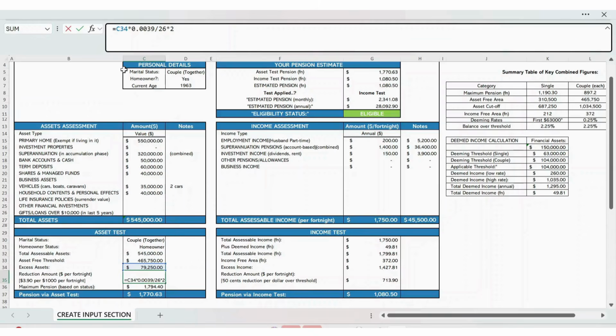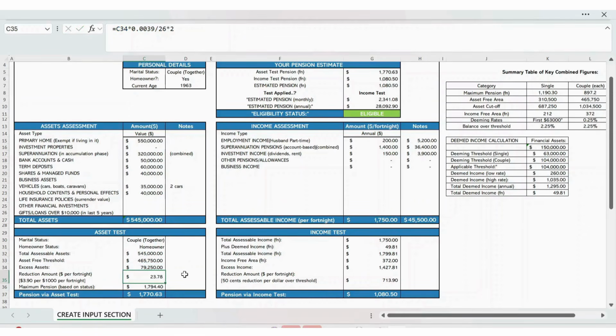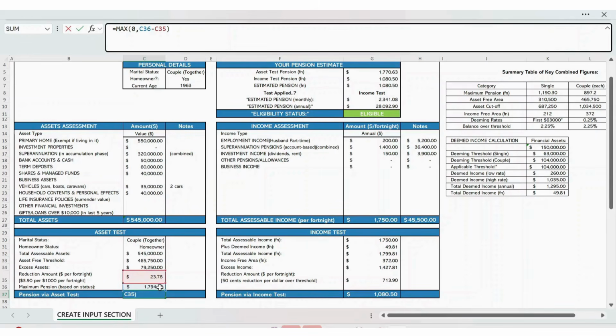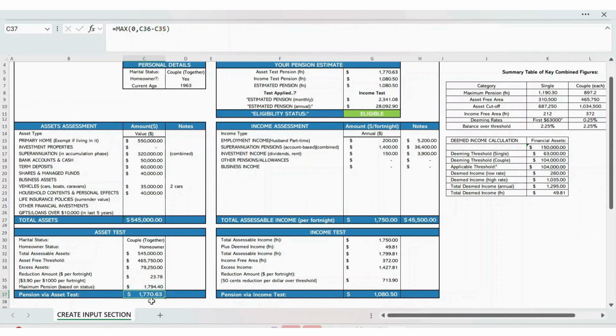We multiply by 0.0039, that's $3.90 per $1,000, then divide by 26 and multiply by 2 to get the fortnightly rate. Finally, pension via asset test in C37 equals max 0, minus C35, maximum pension minus the reduction amount.